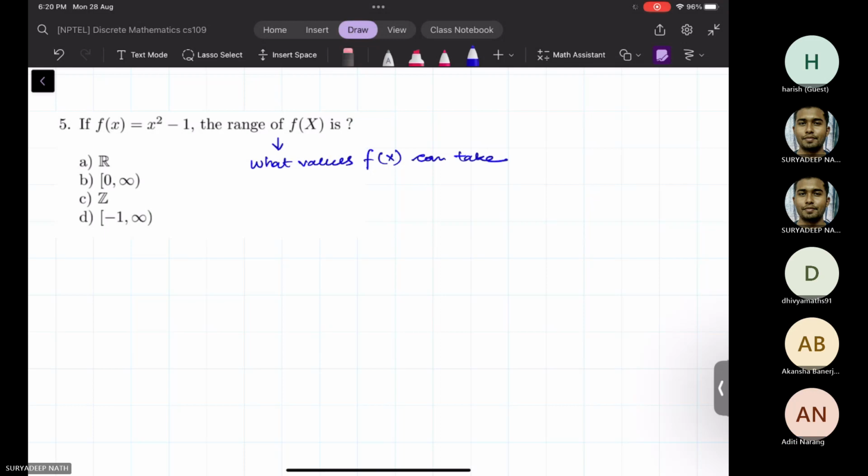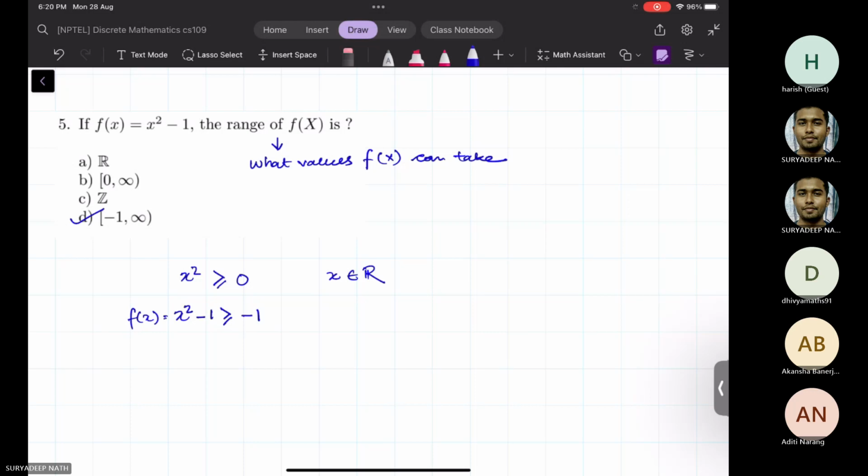So option D, f(x) can take values from -1 to infinity. Why? Because x squared will always be greater than or equal to 0. So if x belongs to real numbers, x squared is always greater than or equal to 0, and x squared minus 1 will be greater than or equal to -1. Therefore option D is the correct answer.